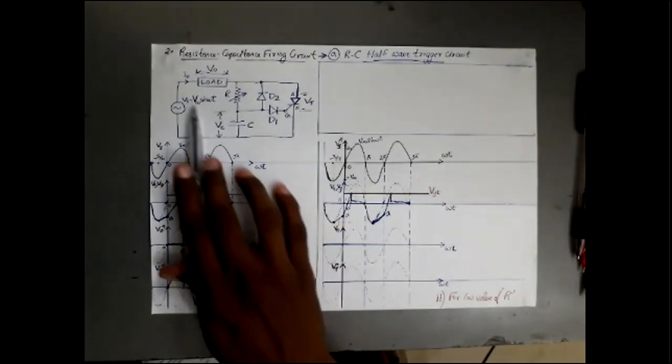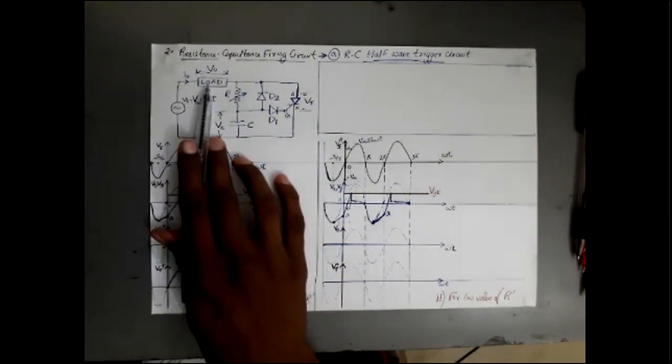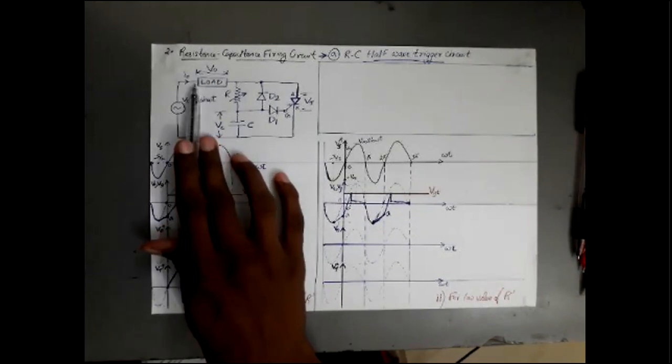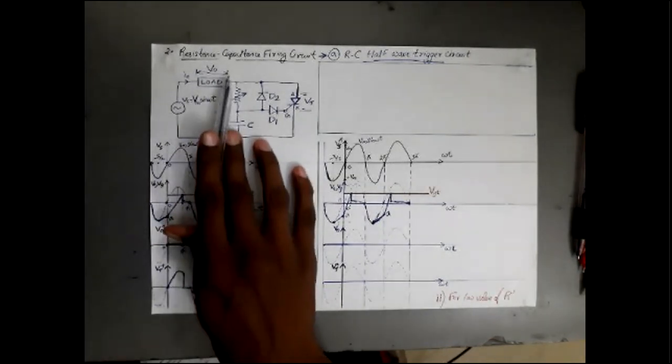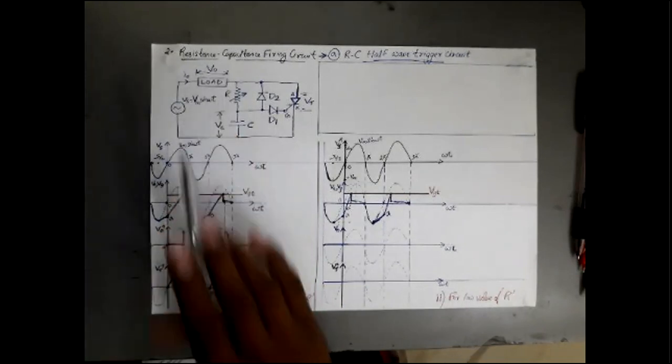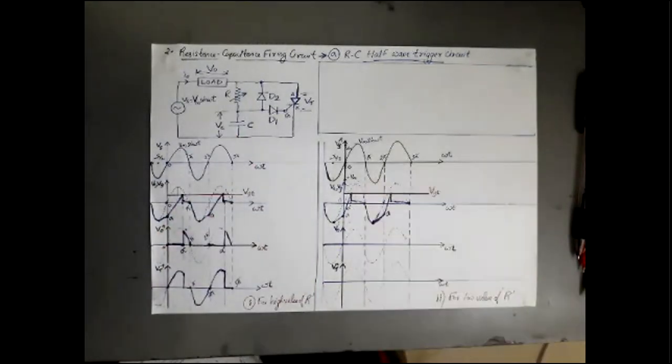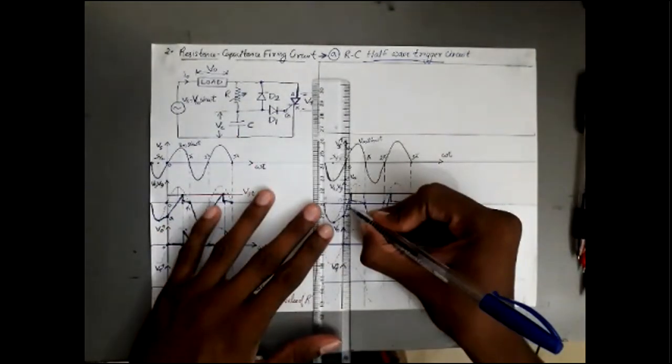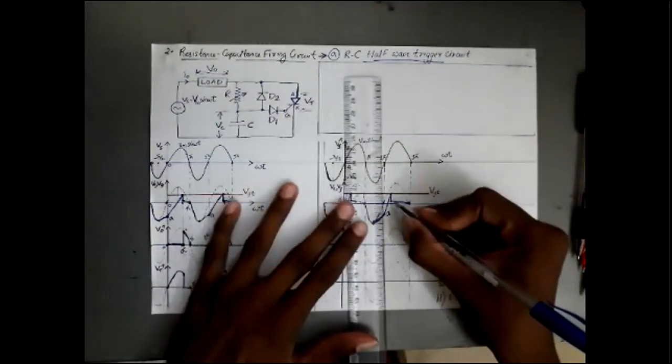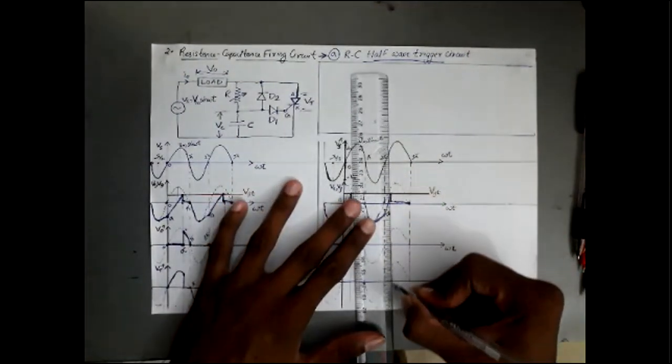My I naught will be a very low value, near 0. So V naught will be 0 until my SCR is triggered, a very low value near 0.